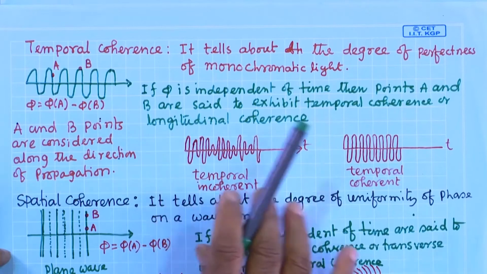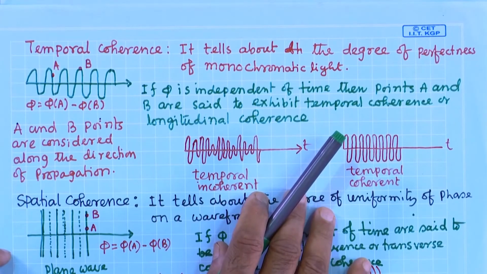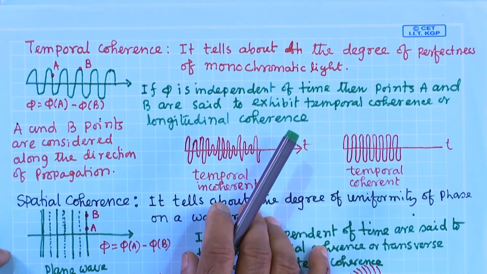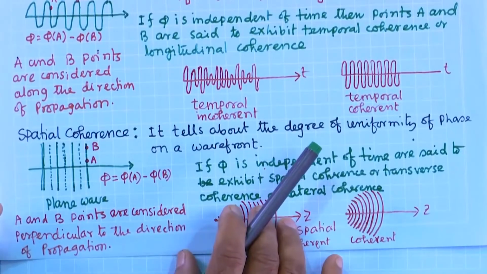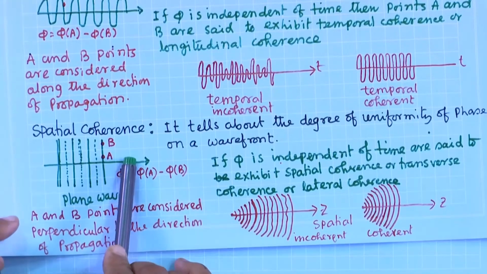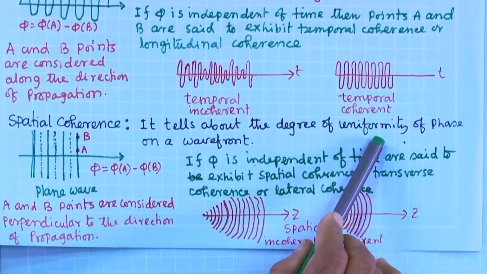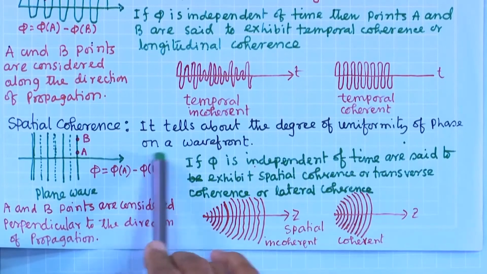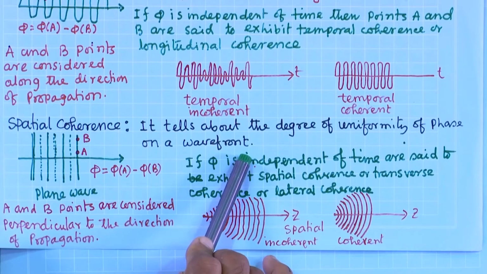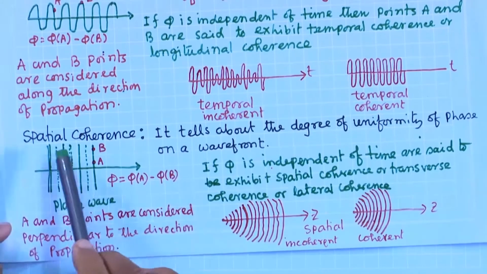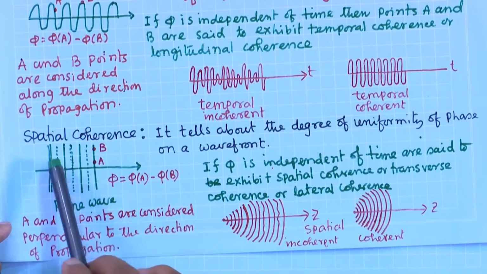This is one way to understand temporal coherence, and in a similar way, spatial coherence tells about the degree of uniformity of phase on a wavefront. This is the wavefront, a plane wavefront, not a spherical wavefront.